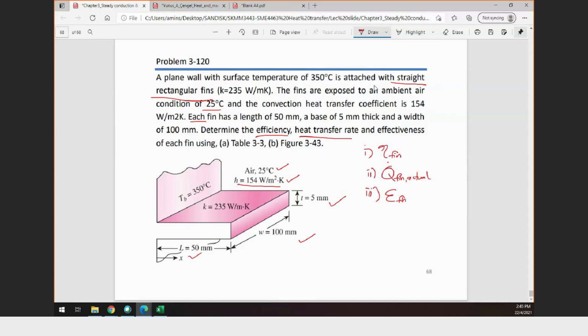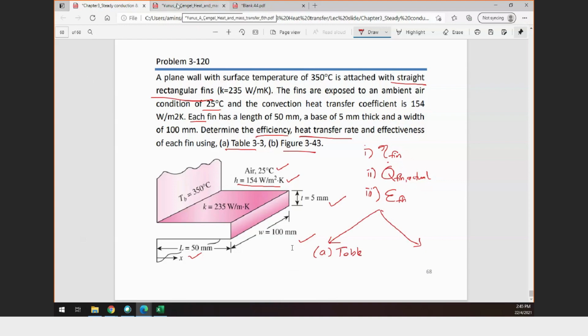Basically, in fact this problem asks you to use two methods for each fin: A, table, and B, figure. So this means you have to solve this using two methods. First, A, you need to use the table of the fin, table 3.3.